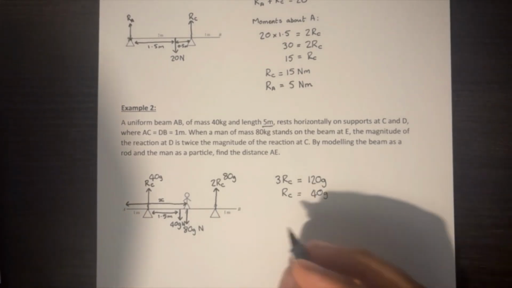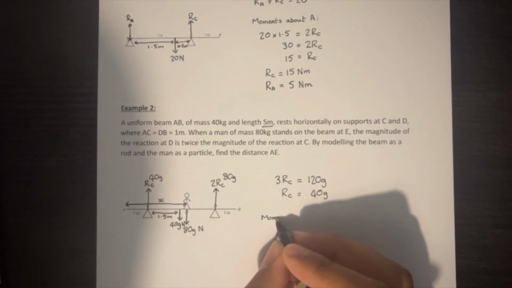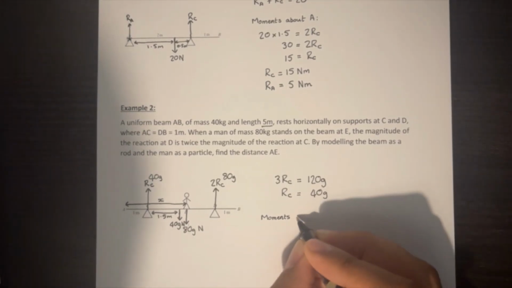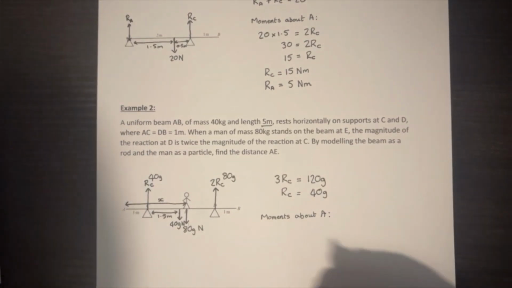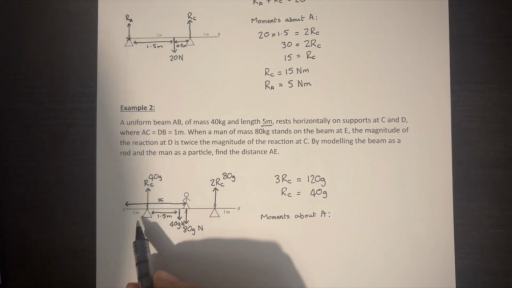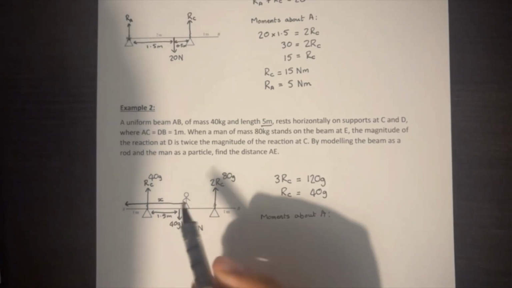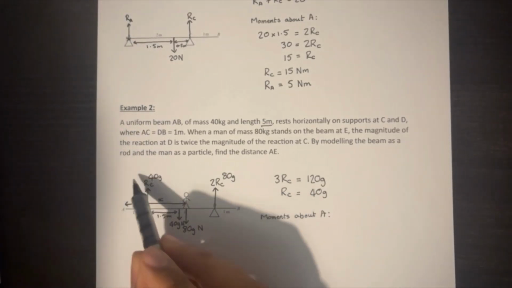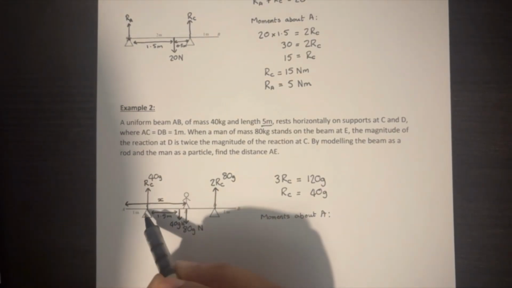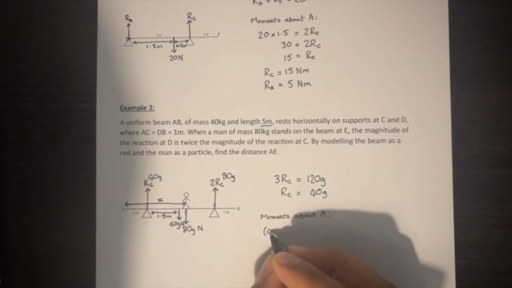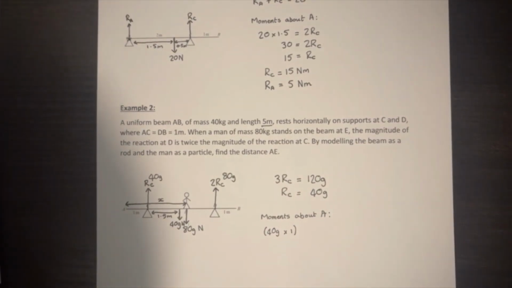So now, if I take moments about A, we'll go anti-clockwise first. I've got the 40g times 1, force times distance.